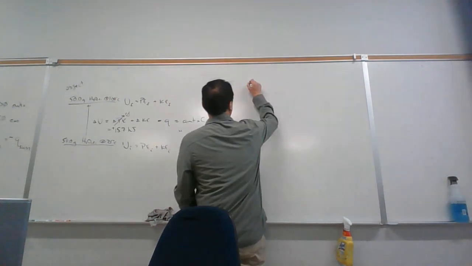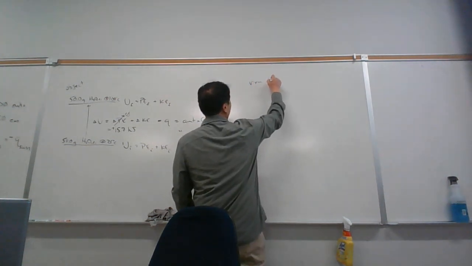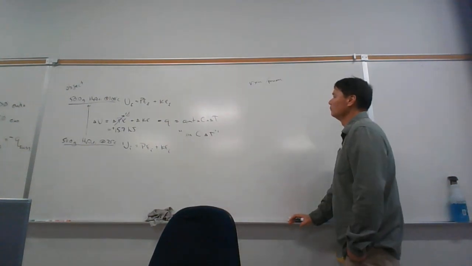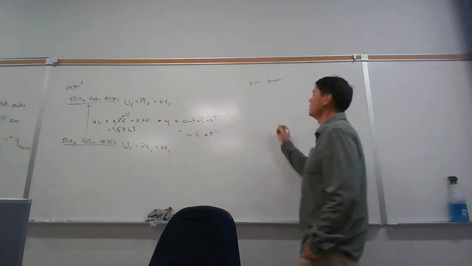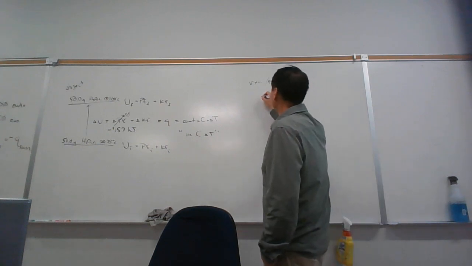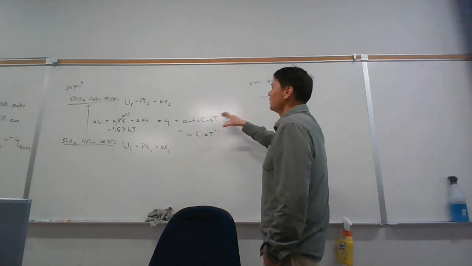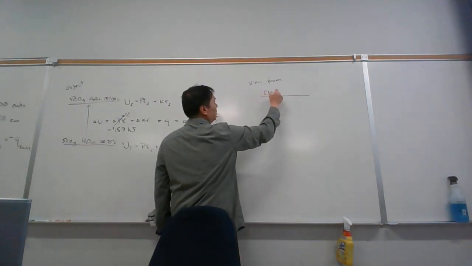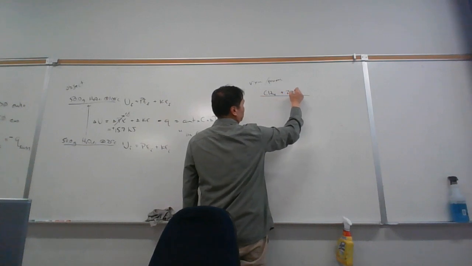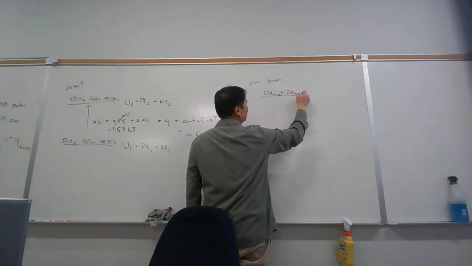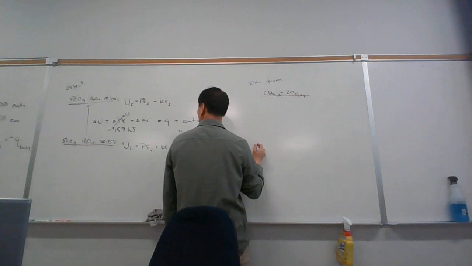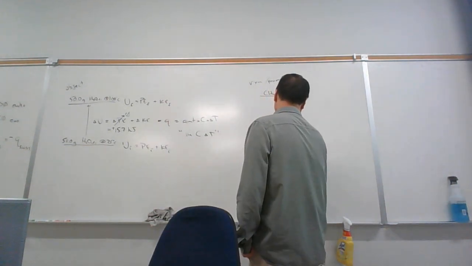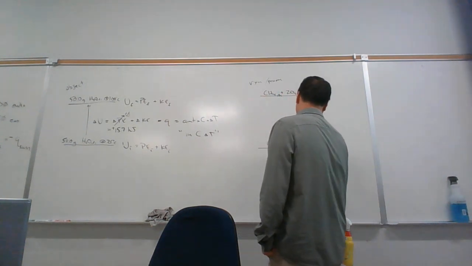And so the next thing we're looking at is the reaction slash process. Process would be like boiling, melting, freezing, condensation, or reaction. If you look at a chemical reaction, we're thinking we're going to get this 15.7 kilojoules by burning methane. So we start off with methane plus two O2s, and then we form CO2 gas plus two H2O liquids.